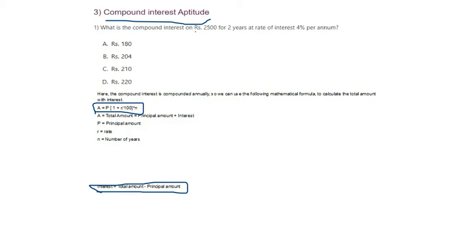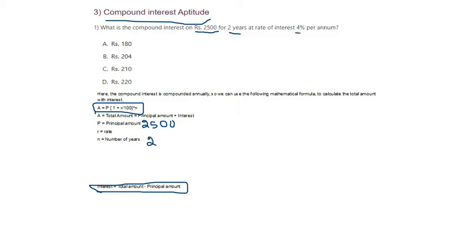So here the compound interest on rupees 2,500. This is your principal amount. Your principal amount here is nothing but 2,500 as mentioned in the question. And they even mentioned for 2 years, which is the number of years, so it is 2.